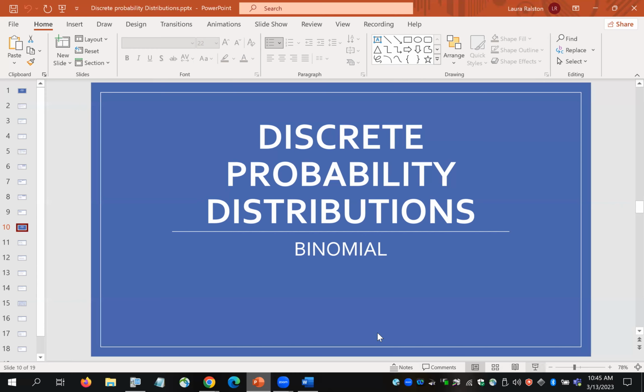Okay, so let's talk about the binomial for a minute. It is still a discrete probability distribution, which means I still have a countable number of outcomes. It's usually displayed as a table. All of the probabilities are between 0 and 1, and the sum of all of the possible outcomes is 1. Those rules have not changed.